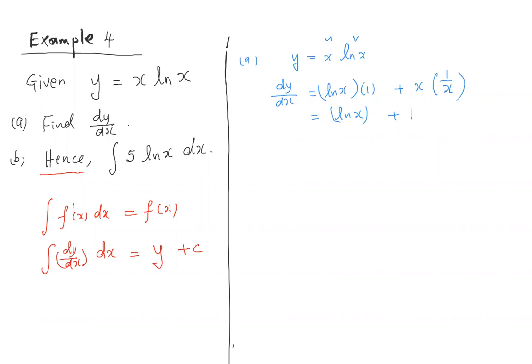This is very important. So now I write it down. Integrate ln x plus 1, this is my dy dx, with respect to dx, I will get back my y, that is x ln x. So this is your y.